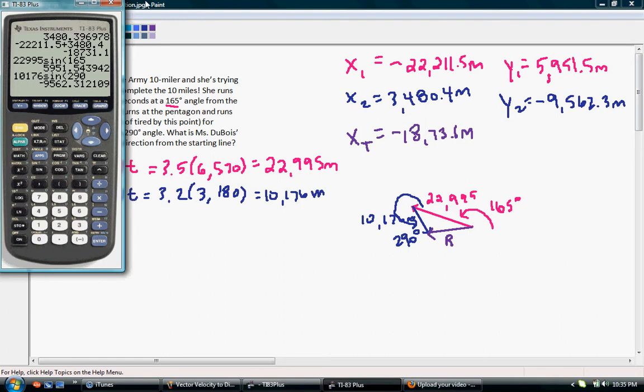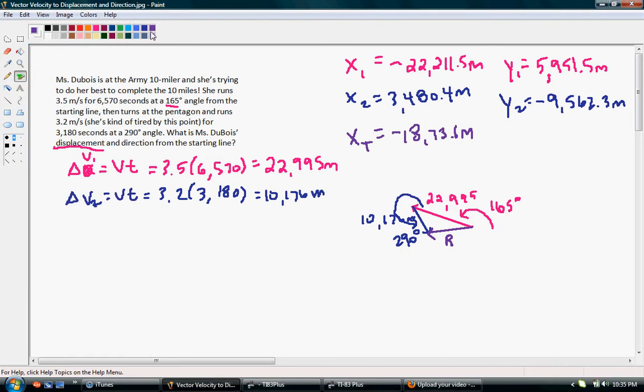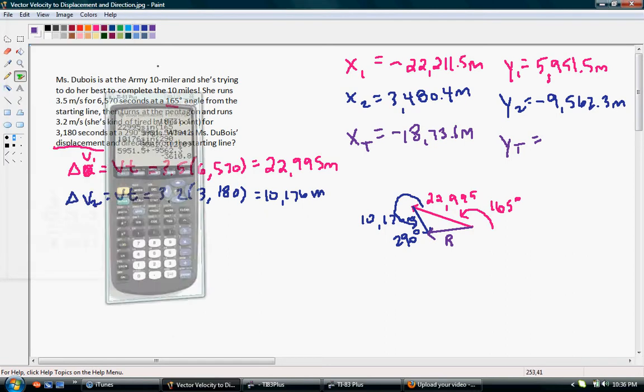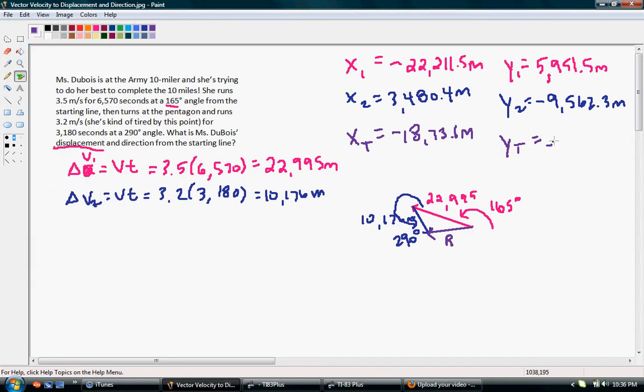To find our y total, we add these two together: 5,951.5 plus negative 9,562.3, and we get negative 3,610.8 meters.